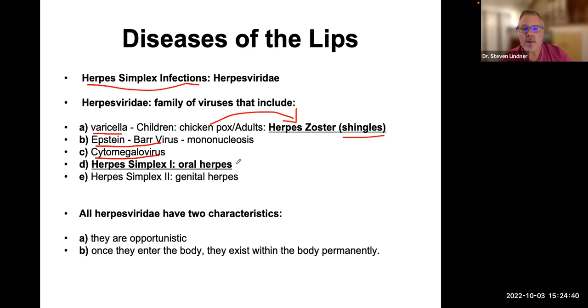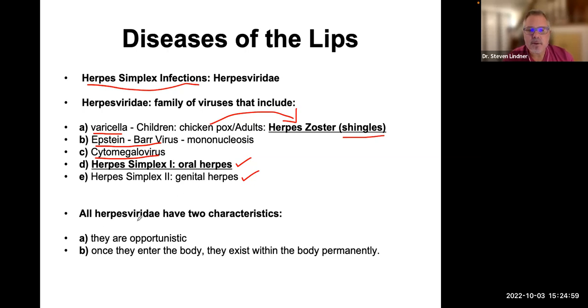Herpes simplex 1 is known as oral herpes, and herpes simplex 2 is known as genital herpes. Both type 1 and type 2 can actually cause herpes around the lips, though.